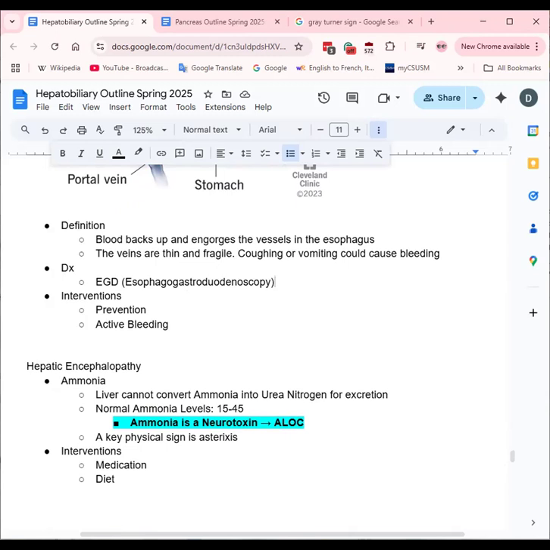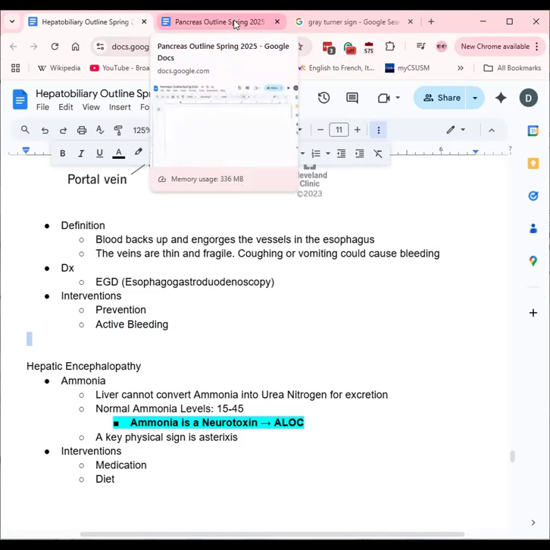There is a difference between the treatment when you're trying to prevent them from rupturing versus when it is rupturing. So can you guys list some of the interventions for prevention or active bleeding? I'm trying to make it a little more interactive, although I know I have to do this pretty fast.